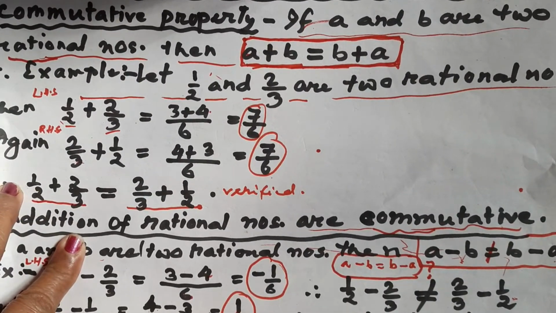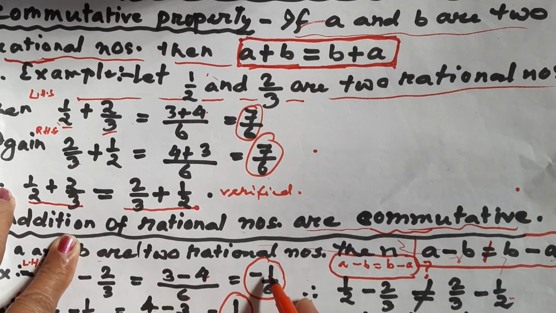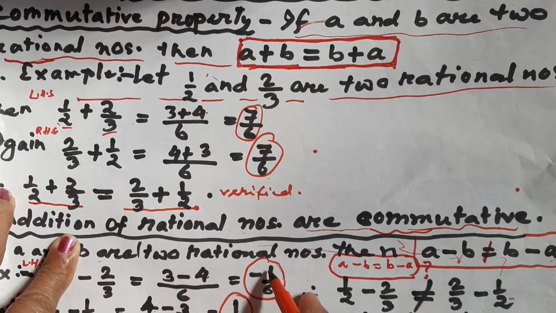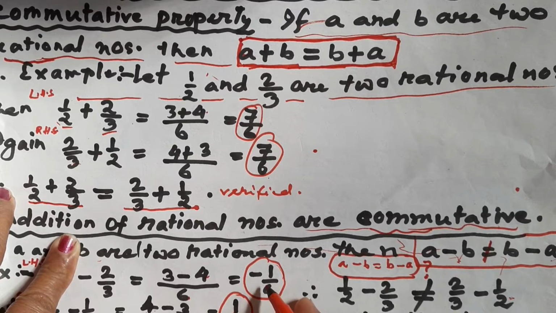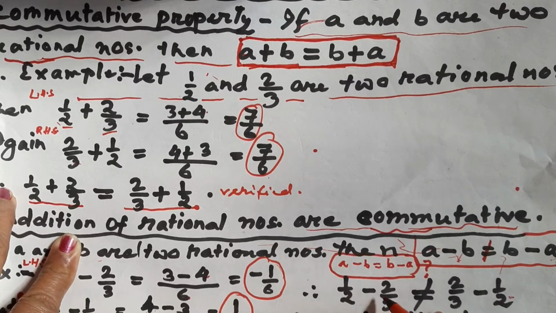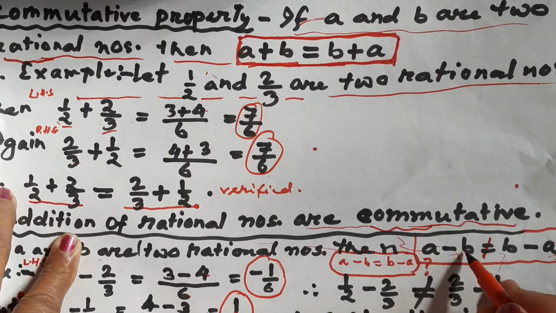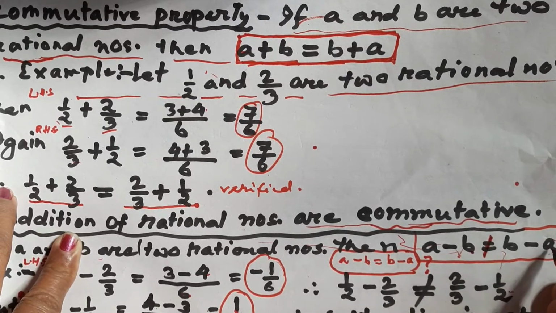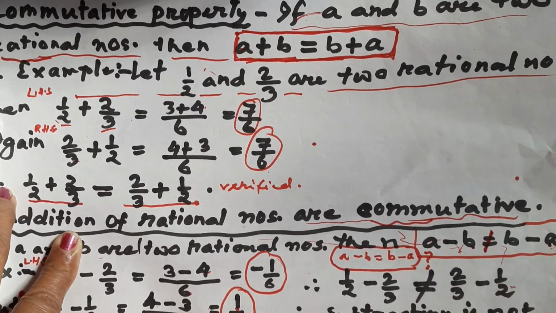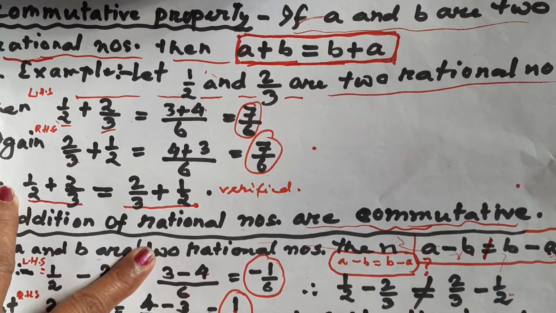It will be equal to 4 minus 3 is 1, and the denominator is 6, so it is 1 by 6. So we have found that a minus b and b minus a have different results. Therefore, we can write half minus 2 by 3 does not equal 2 by 3 minus half, that is, a minus b does not equal b minus a. Therefore, subtraction is not commutative.